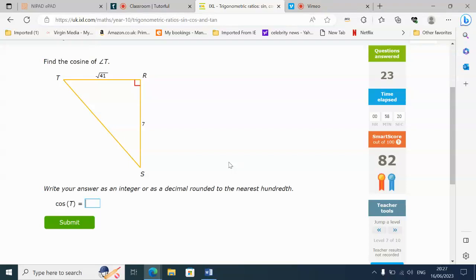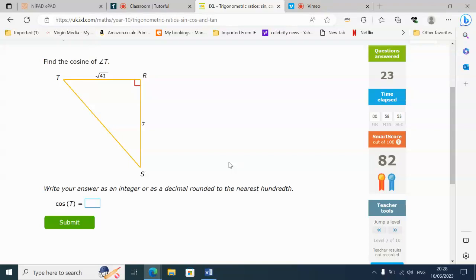What if you do square root 41 squared? Can you do that? Or square root 41. Yeah, I can do it.